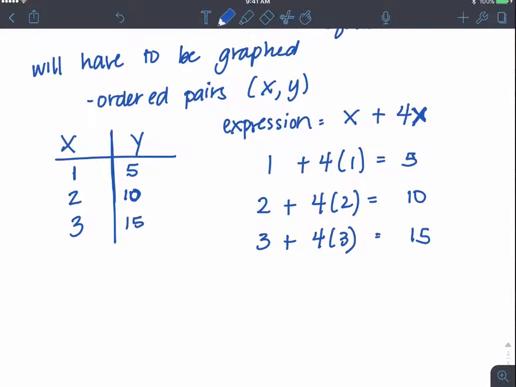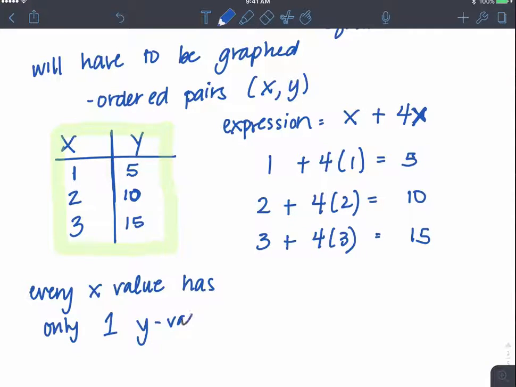Okay, so just taking a look at this, I see that every x value has only one y value. Okay, if this is the case, then I have a linear expression.